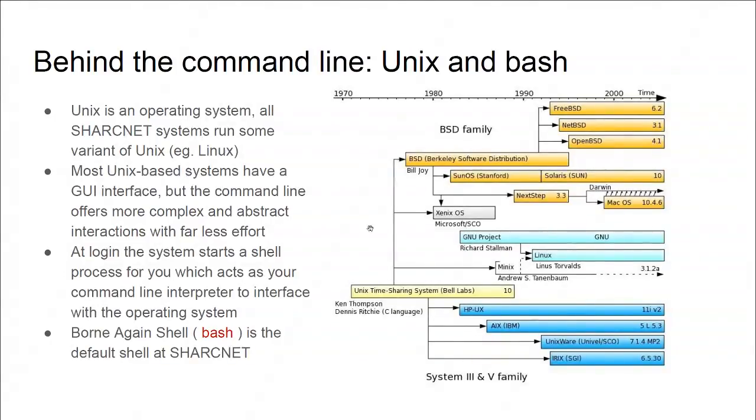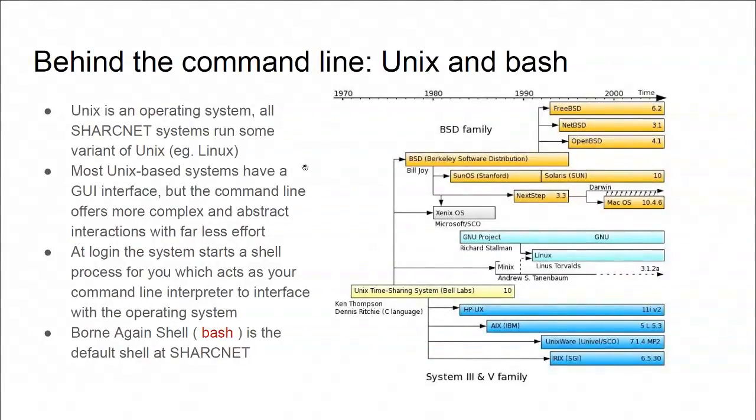The first version of Unix was written in the very early 70s by Ken Thompson and Dennis Ritchie at Bell Labs. It then went on to fragment into many different projects that all provide a basic operating system that operates much like Unix. So you can think of Unix as a similar operating system to, say, Microsoft DOS, Windows, for example.